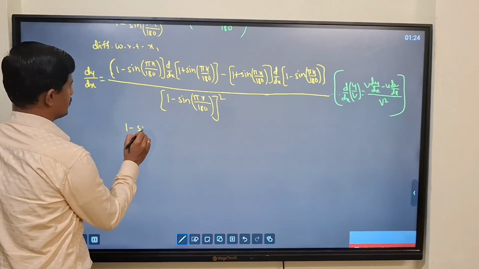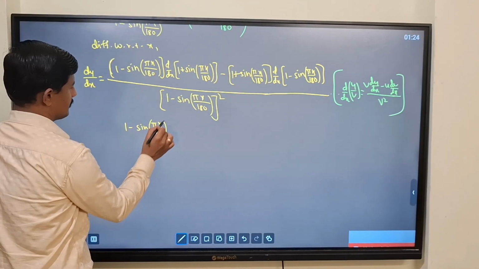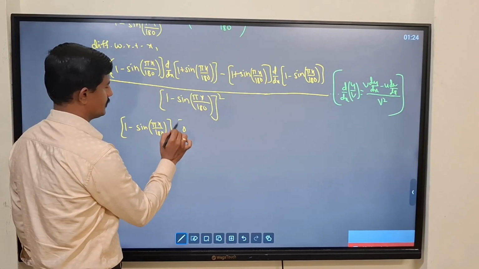Okay, now differentiation. This 1 minus sine pi x by 180 remains as it is, into differentiation of 1 is 0.